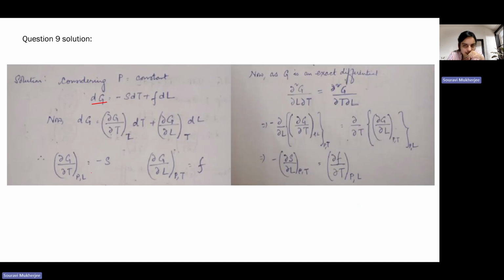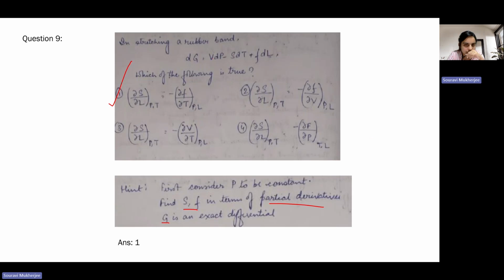Now G is an exact differential, so you can do another derivative and the order would not matter. So del square G del L del T will be equal to del square G del T del L, right? So use that, okay? So do a derivative with respect to L here and do a derivative with respect to T here. What do you get? Del S del L, with a minus sign, at constant pressure and temperature is equal to del F del T at constant pressure and L. Okay, so that's your first option that you had.